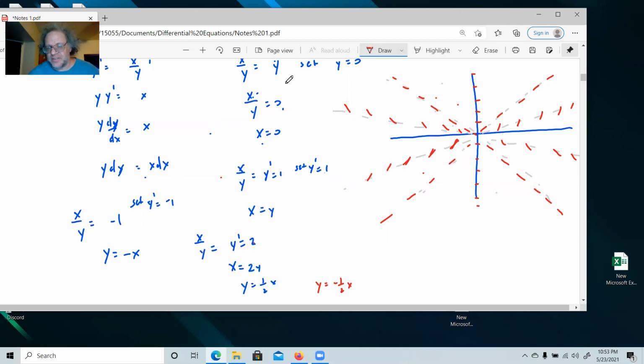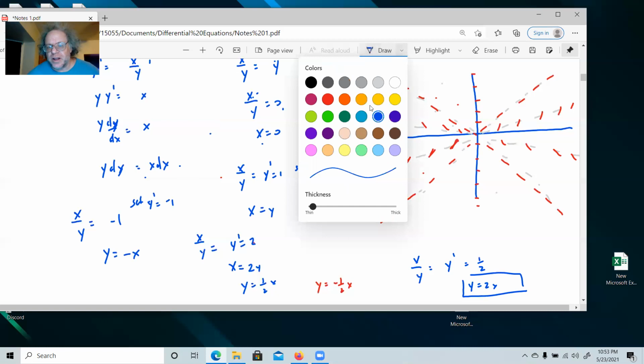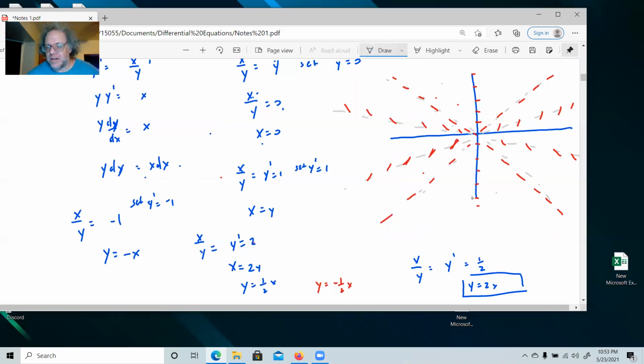I could set y prime equal to 1/2. So we have x over y is equal to y prime, which is equal to 1/2. At that point, we get y is equal to 2x. So my isocline is the graph y equals 2x. I know that's not really much of a challenge for you guys.